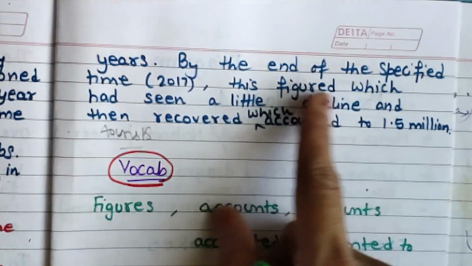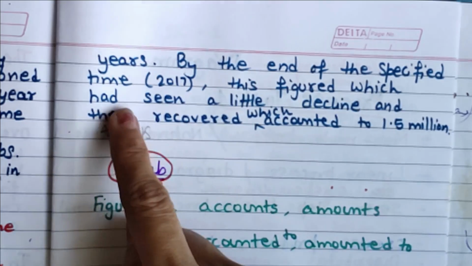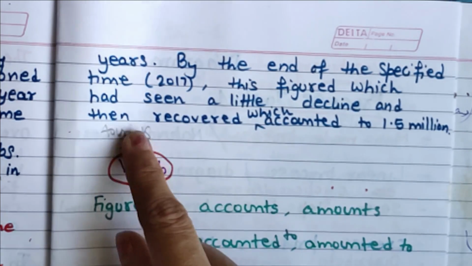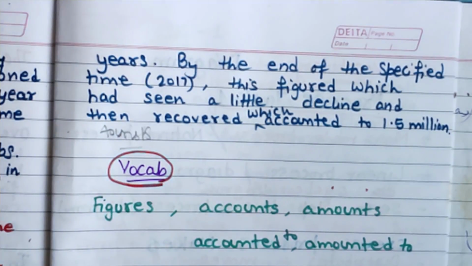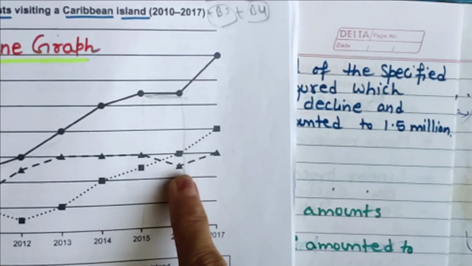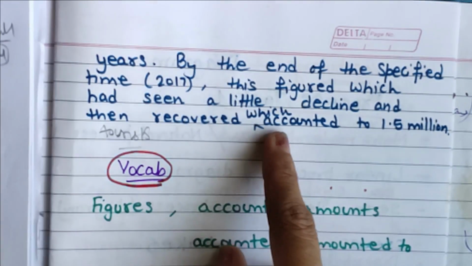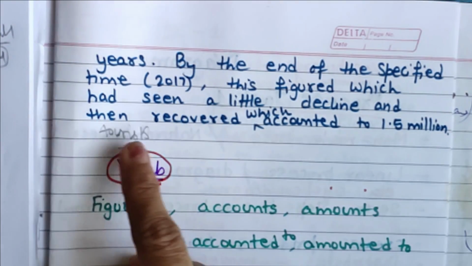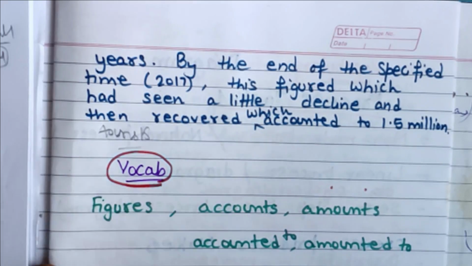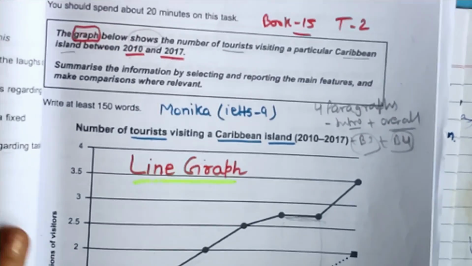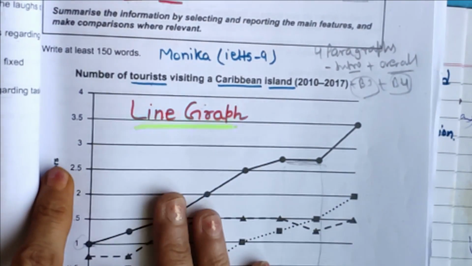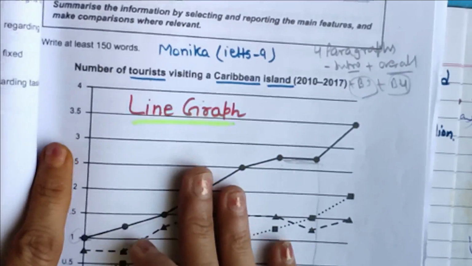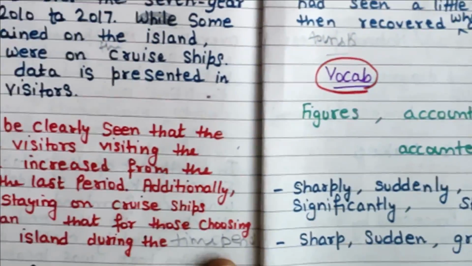You can see a little decline and then recovered. Okay, so this graph is complete. In a simple way I have written it, so you can easily write it like that.